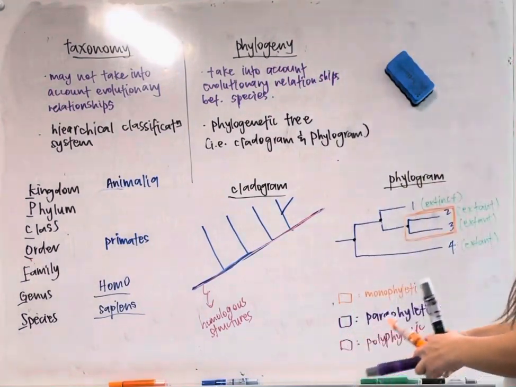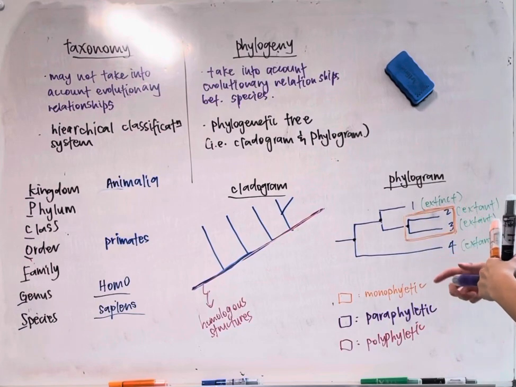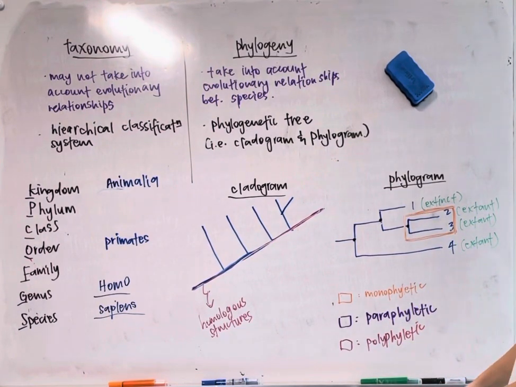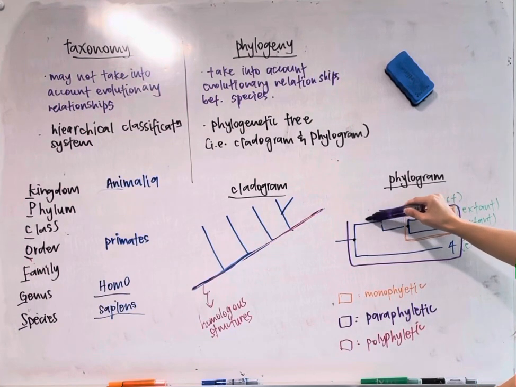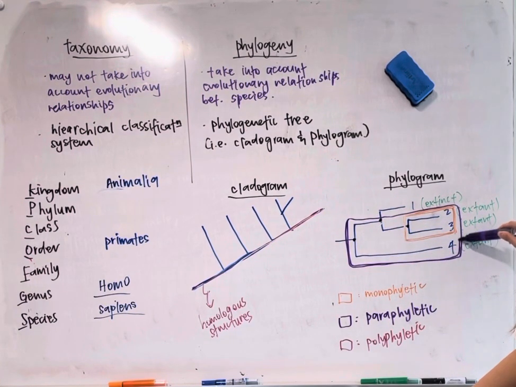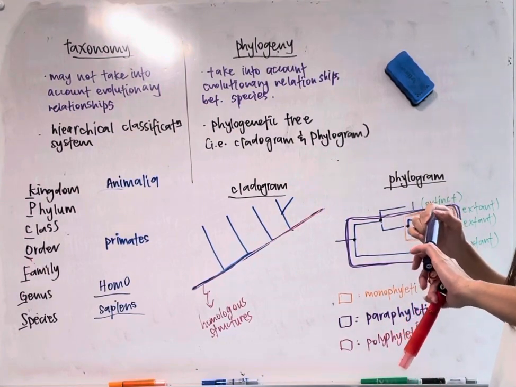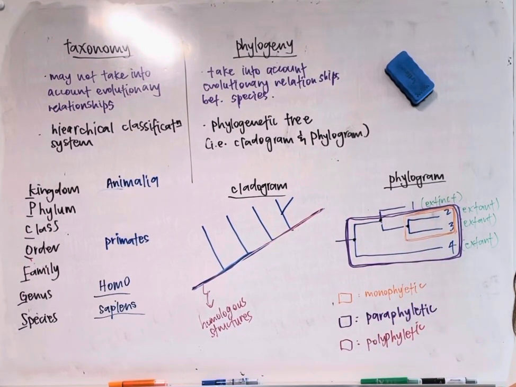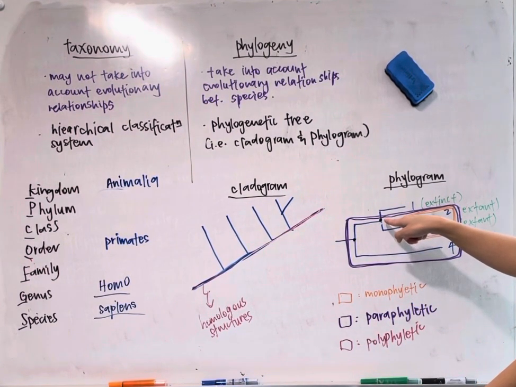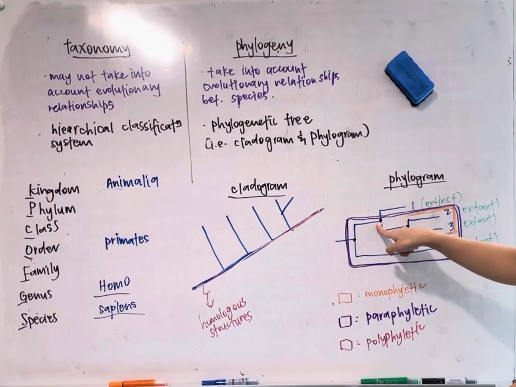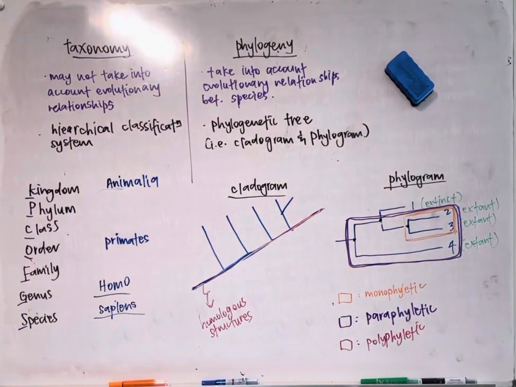Some but not all descendants from a common ancestor. Example, if I want to draw paraphyletic, this is paraphyletic. They do not contain species 1. Make sense? Okay? Please take note, it is inclusive of this ancestor species as well.